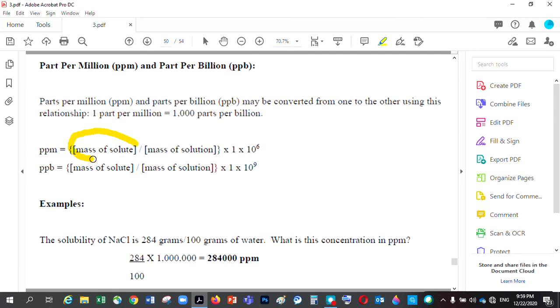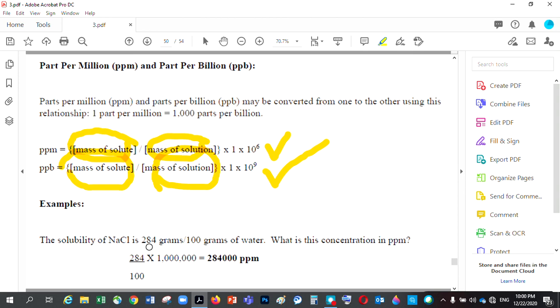It is mass of the solute divided by mass of the solution, multiplied by 10 power 6. Part per billion, same thing, mass of the solute divided by mass of the solution, multiplied by 10 power 9. 10 power 6 is million, 10 power 9 is billion, correct? Or another prefix, this is mega and this is giga.